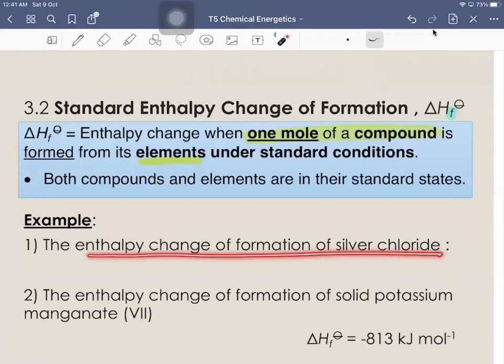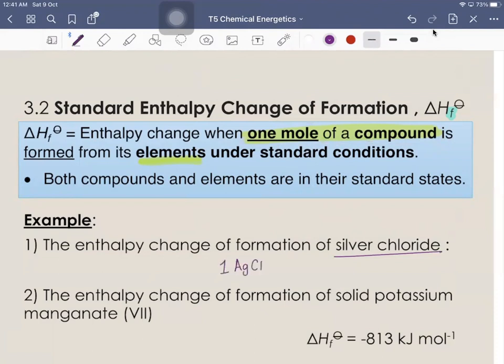Okay, so I always have to refer to the definition if I want to write down the equation. Okay, so my definition says that I am forming 1 mole of compound. So that means I form 1 mole of silver chloride.